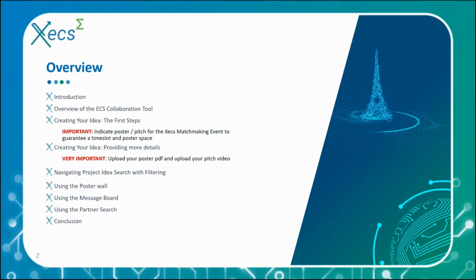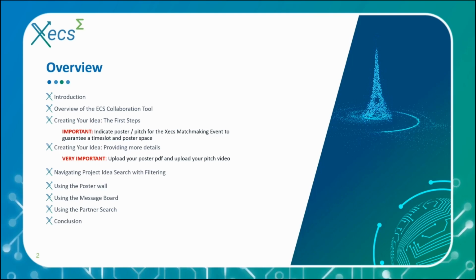The first steps are entering the basic details of your project idea. An important step during those first steps is to indicate that your idea is part of the ECS matchmaking event, and that you will be having a pitch and a poster. That will guarantee you a pitch slot, but also a poster space.